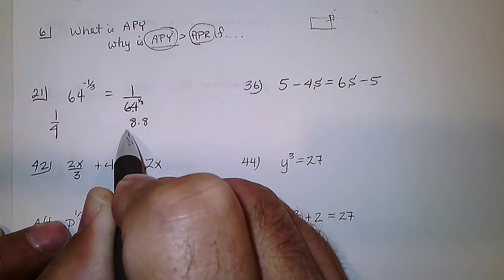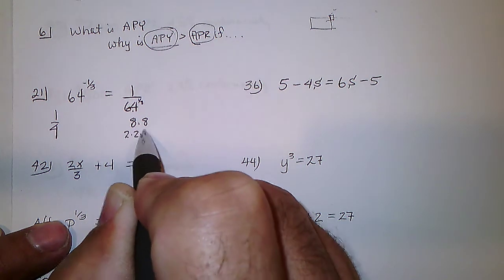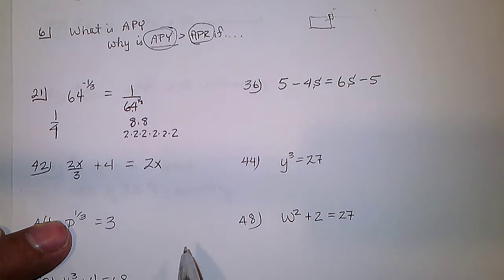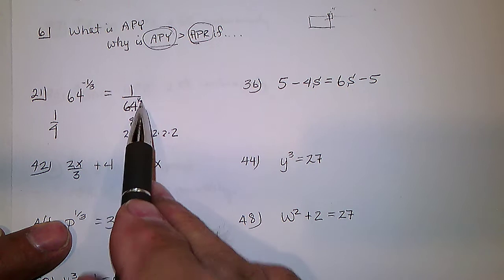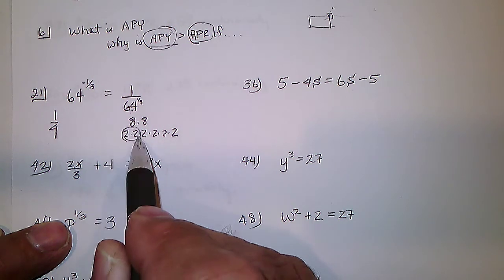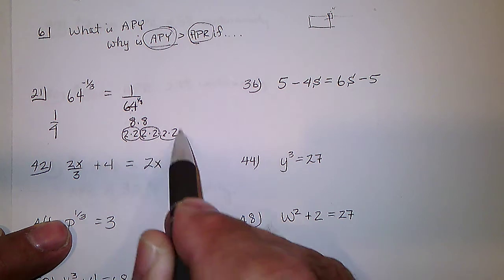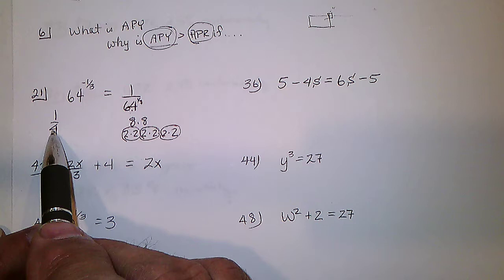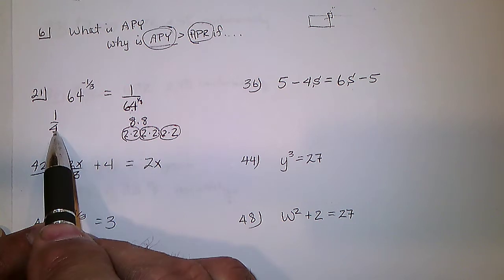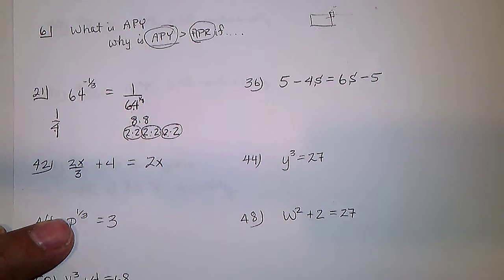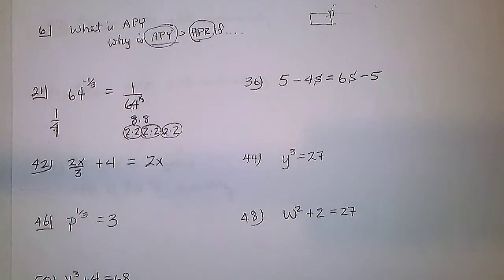And so that is 2 times 2 times 2 times 2 times 2 times 2. So what times itself 3 times makes 64? Well, a pair of 2's times a pair of 2's times a pair of 2's would make 64. So 2 times 2 is 4, and 4 times 4 times 4 is 64. Okay, that's why it comes out 1/4.